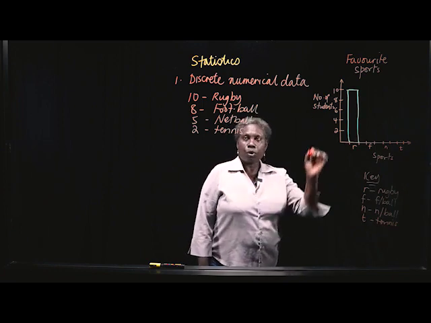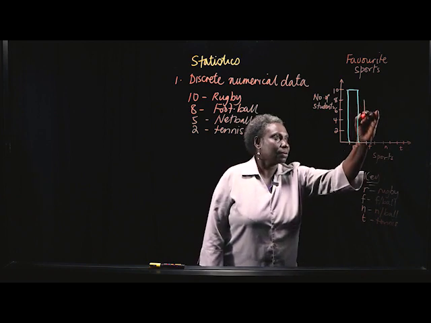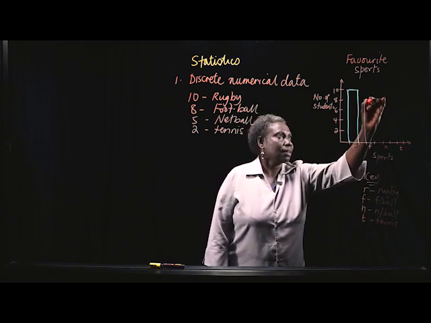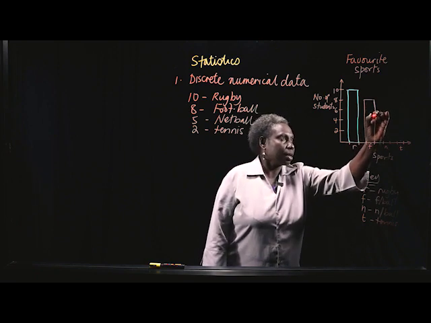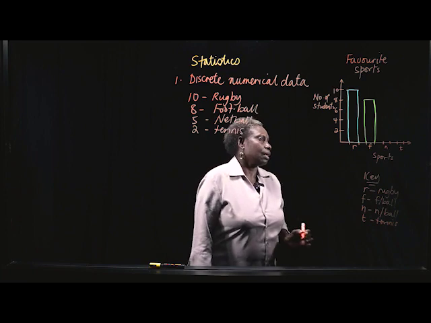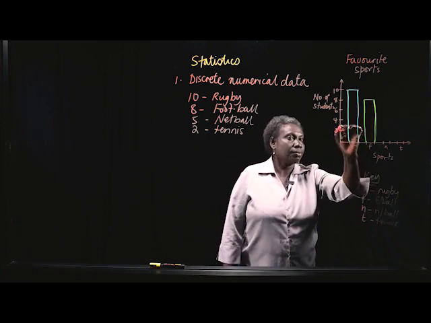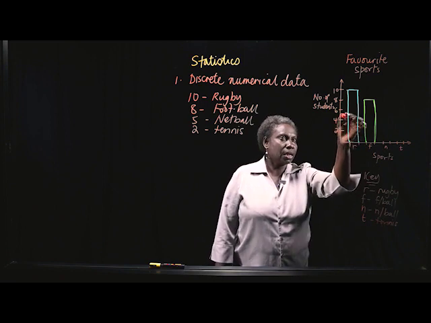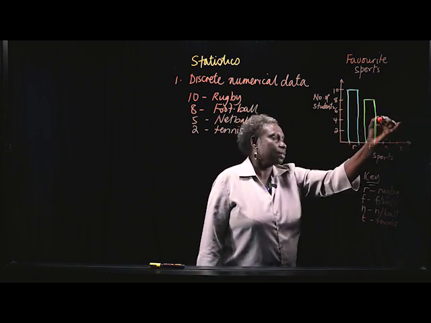For football, that's 8, so again, it extends up to 8. Oops, my bar is not straight. Then for netball, we have 5. 5 is between 4 and 6, somewhere here, the midpoint of 4 and 6.